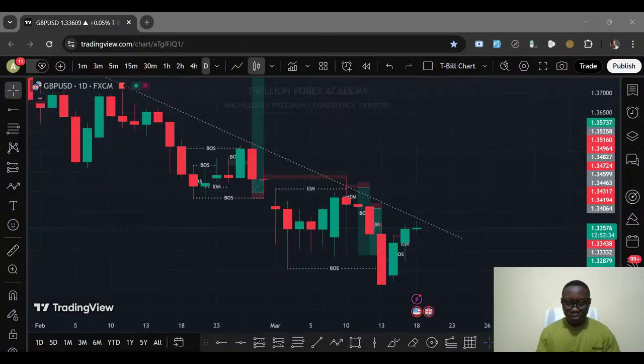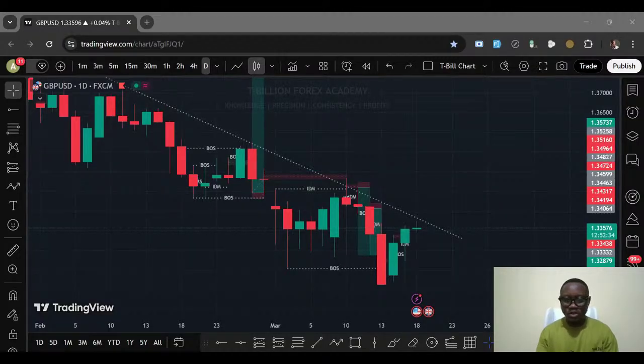You'll learn how to properly read market structure, identify key order block zones, breaker block zones and liquidity areas, and most importantly, how to apply these concepts effectively in real market scenarios. Whether you're a newbie, an intermediate or a pro trader, stick with me as we follow a clear top-down analysis process.